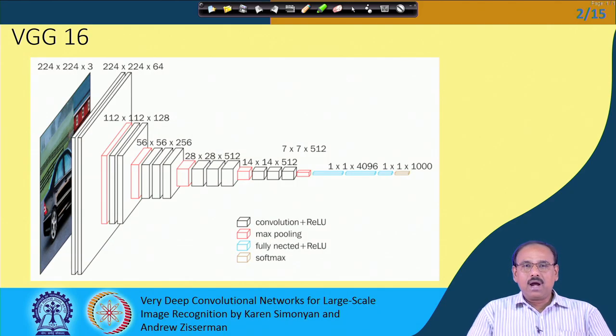So, let us see how the VGG16 architecture looks. As you see here, there are a number of convolutional layers. All the black rectangles represent the convolution layers along with the nonlinear activation function, which is the rectified linear unit.